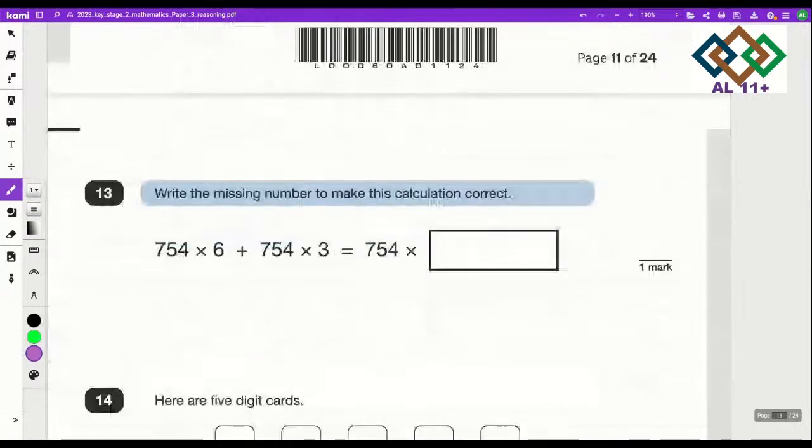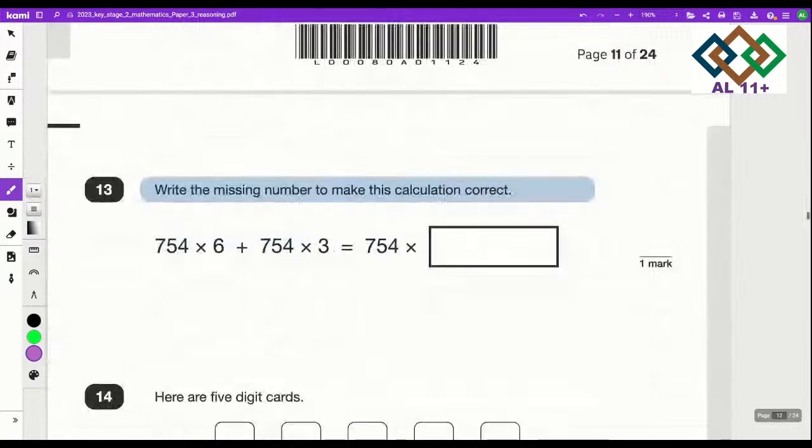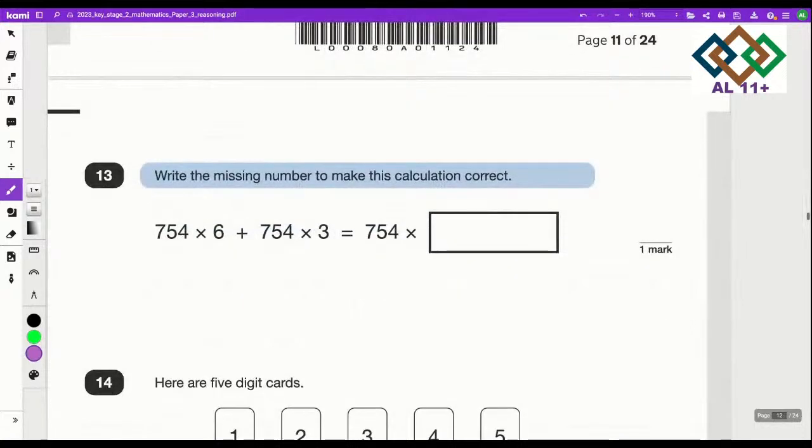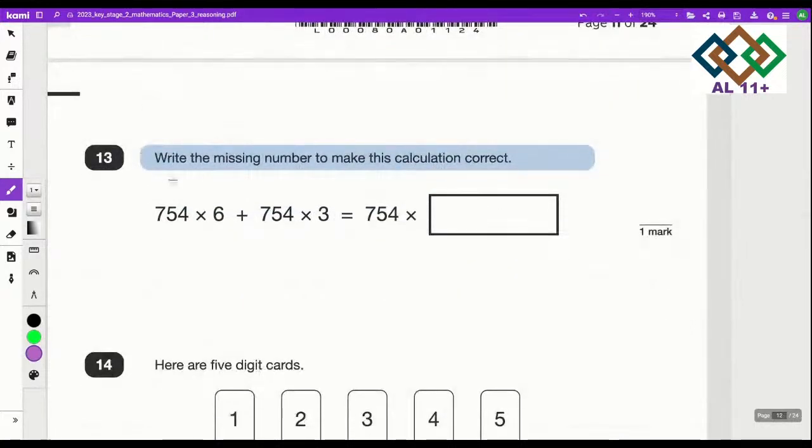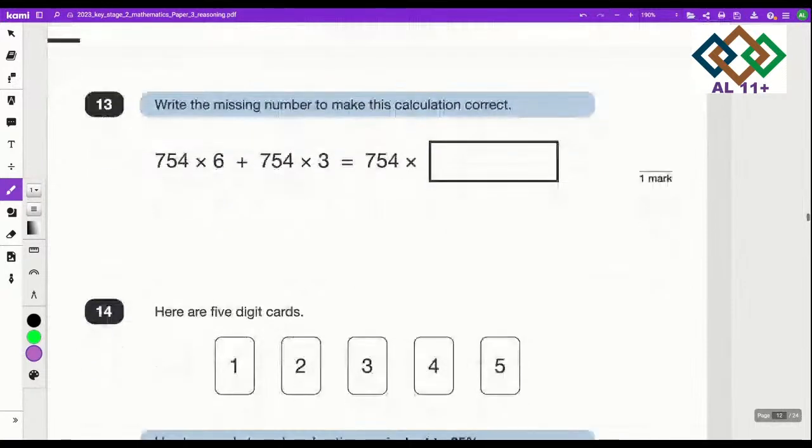So now we are on number 13. In number 13, they are telling you to write the missing numbers to make this calculation correct. So you have to try making the calculation correct. So firstly, you have to multiply these two and see what you would get. So let's try doing that. First you have to do 254 multiplied by 6.